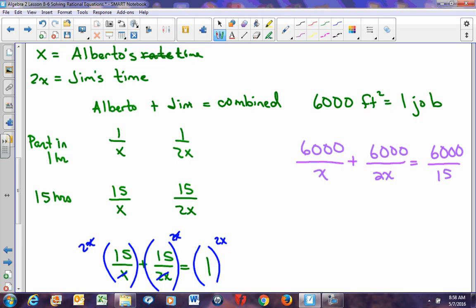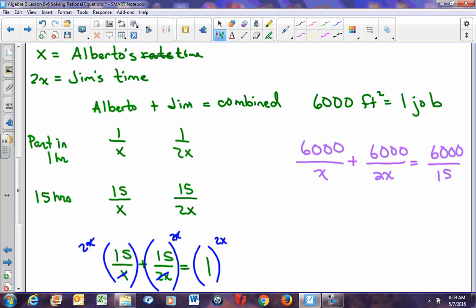That's how the book sets it up. It puts that 6,000 in it. But if you notice, I basically have the same thing. If I replace my 6,000 with 15, I have 15 over x plus 15 over 2x equals 15 over 15. So the problem sets up the same.